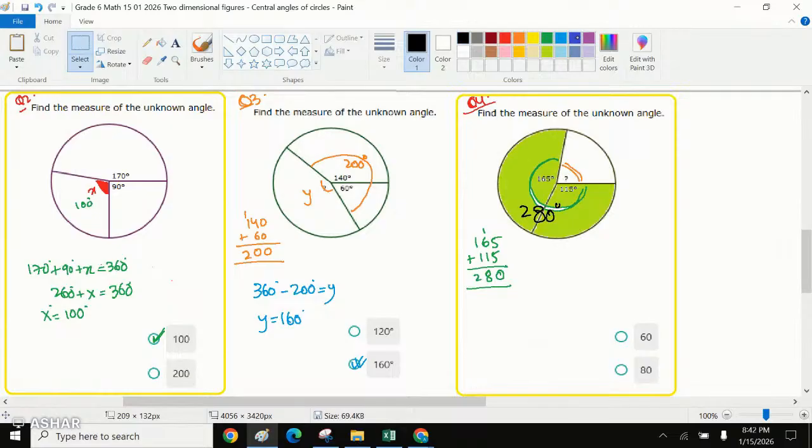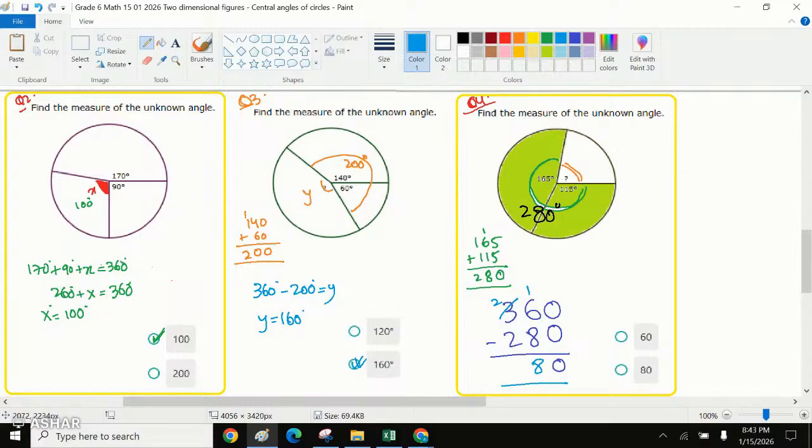In subtraction, we had 360 minus 280, right? 0 can be subtracted from 0, but 8 cannot be subtracted from 6. So we carry from here. 3 becomes 2 and this becomes 16. 16 minus 8 is 8, and 2 minus 2 was 0.